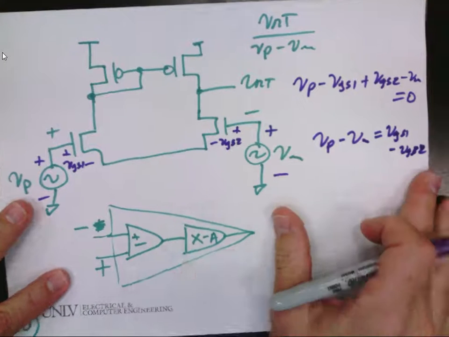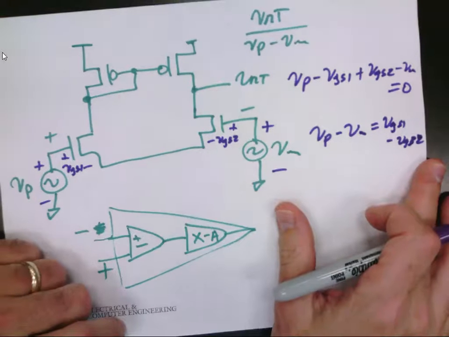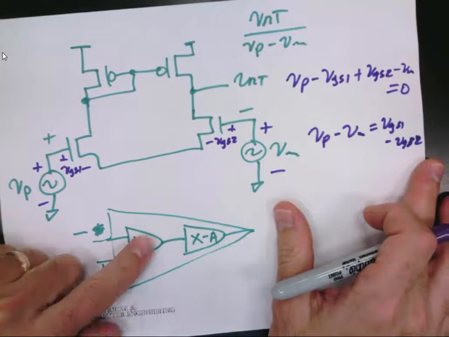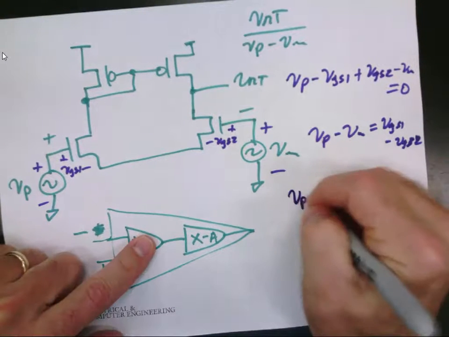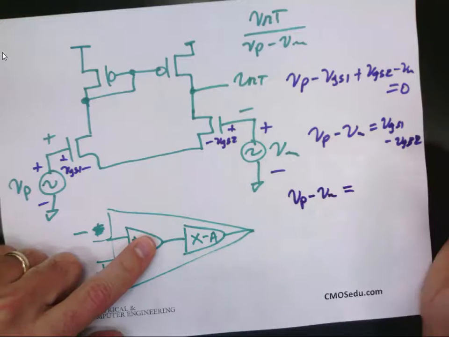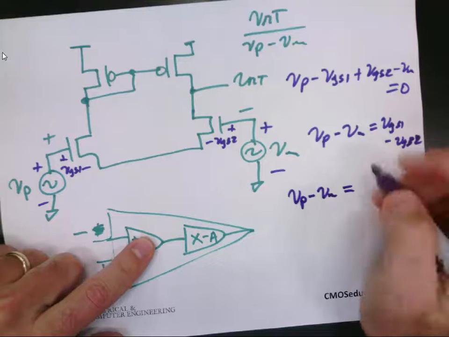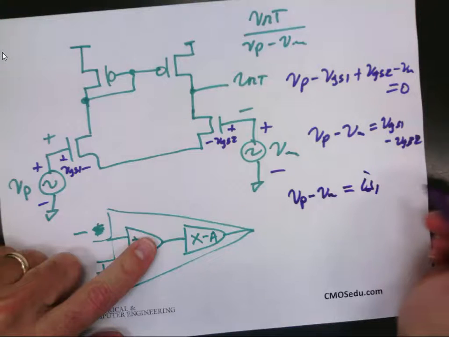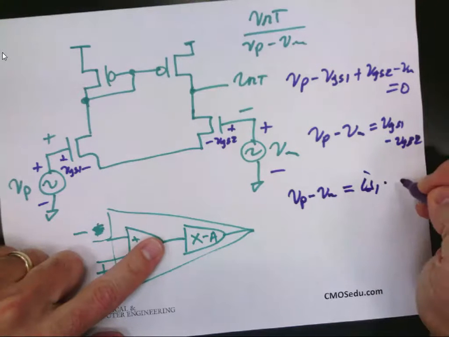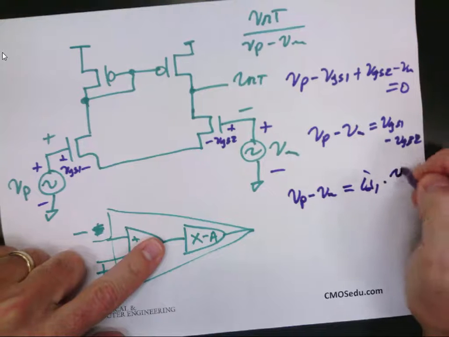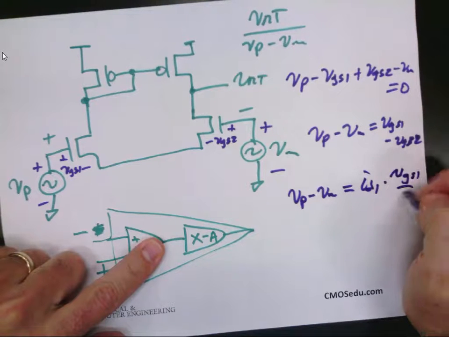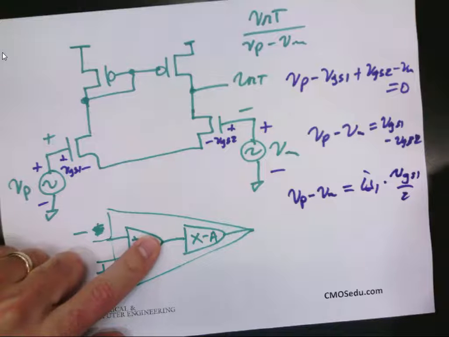All right. So, would it be okay with everybody if I went VP minus VM equals ID1 times... let me think.